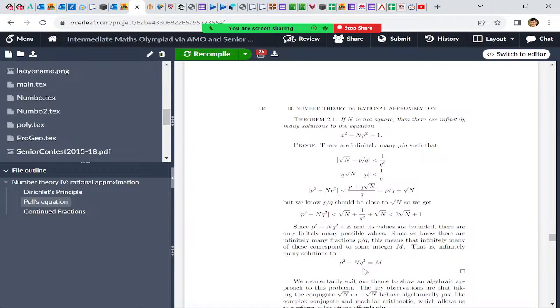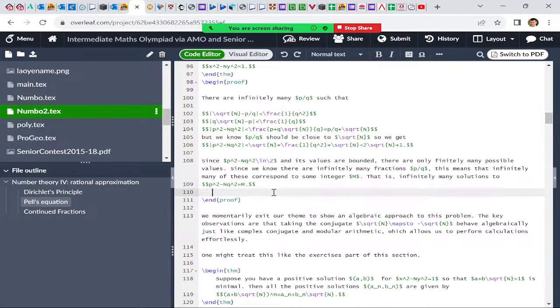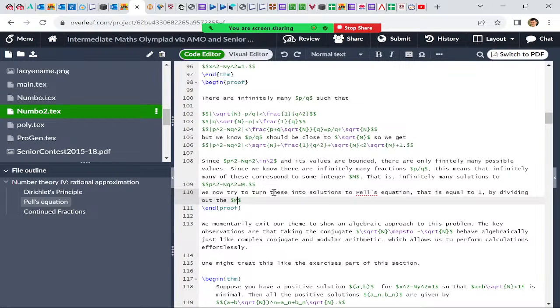So you can take, and try to take, we now try to turn these into solutions to Pell's equation that is equal to 1 by dividing out the m, okay?